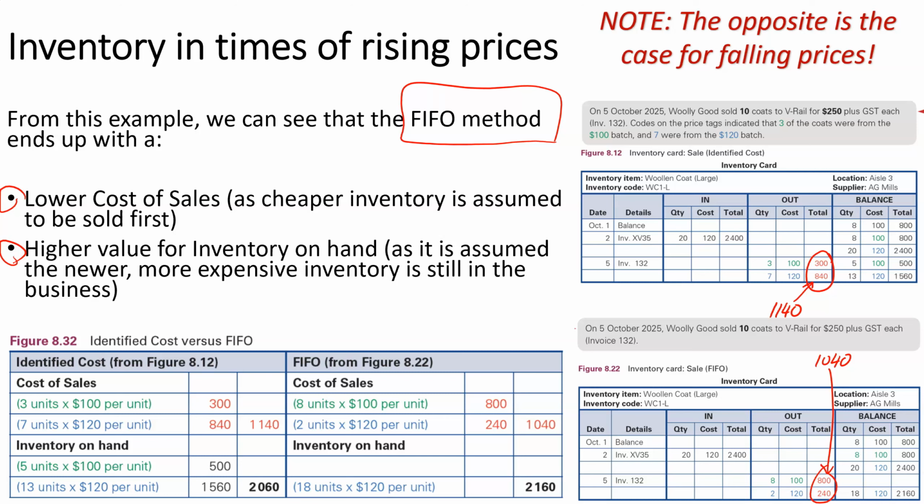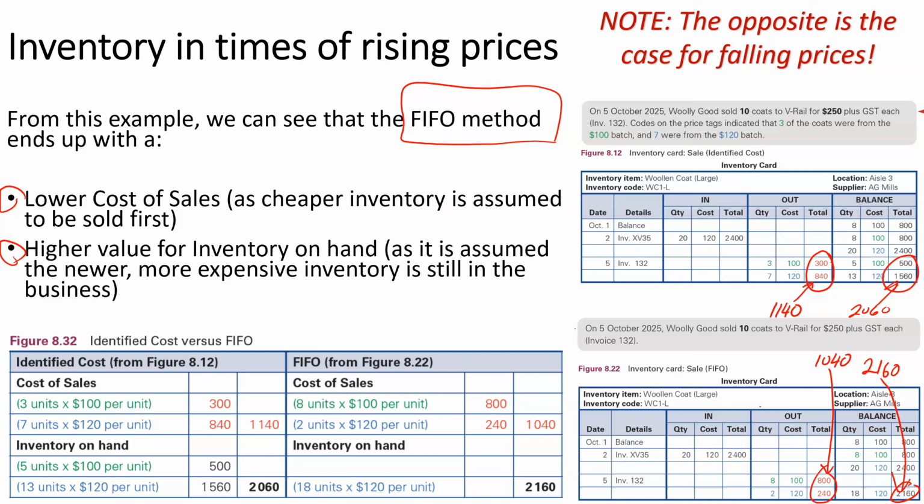And once again, we can see that from our inventory card. Under our inventory card, you can see that we have $2,060 as our balance under identified cost compared to $2,160 under FIFO. So this is an example when there are rising prices.